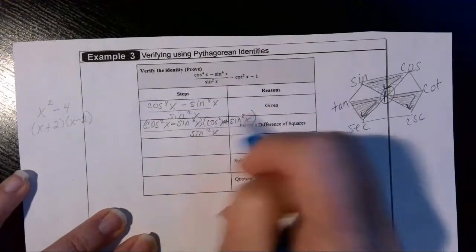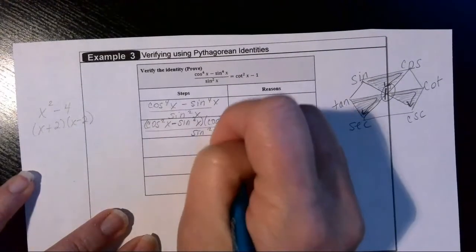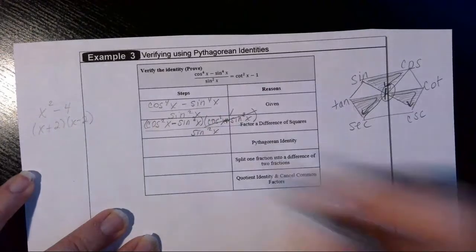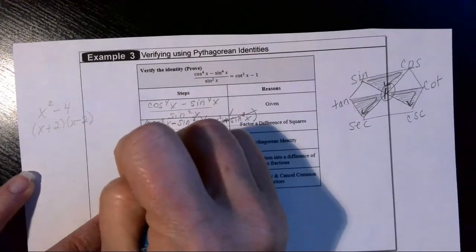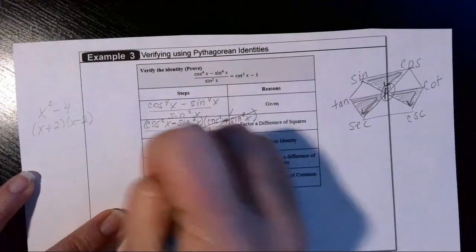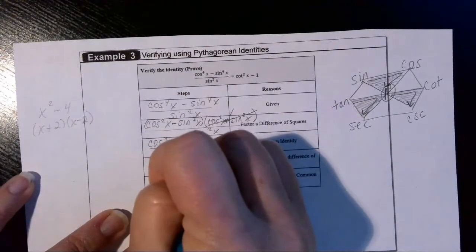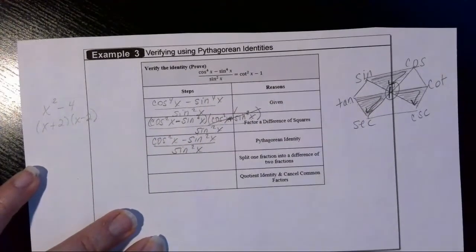So that binomial is going to cancel out and leave me with just a 1 using that Pythagorean identity, and 1 times anything is itself. So I'll have cosine squared x minus sine squared x, all divided by sine squared x, using my Pythagorean identity.